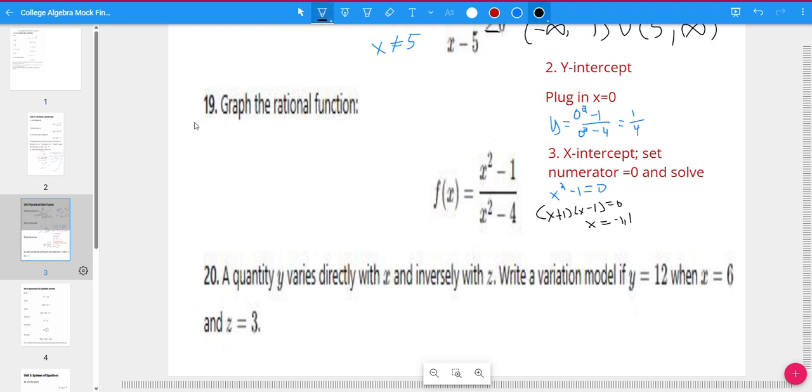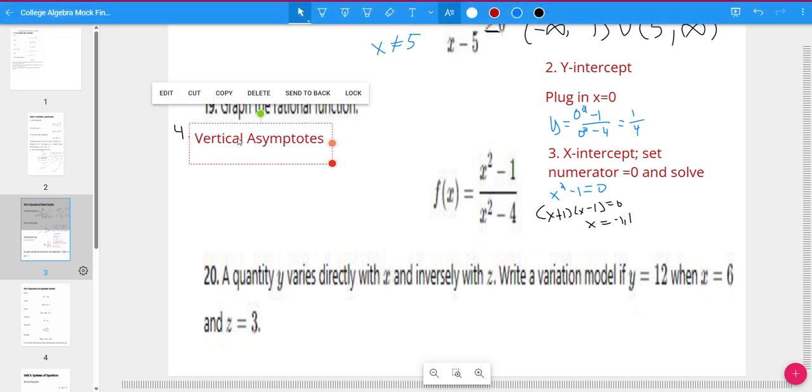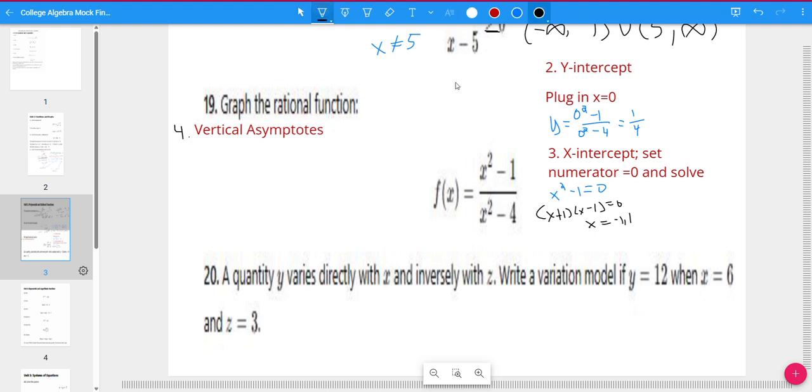So my fourth thing is going to be the vertical asymptotes. And what that's going to look like here is I'm going to have vertical asymptotes.